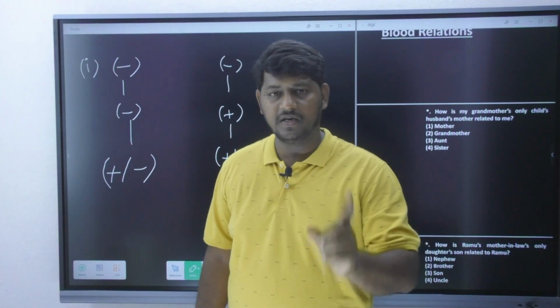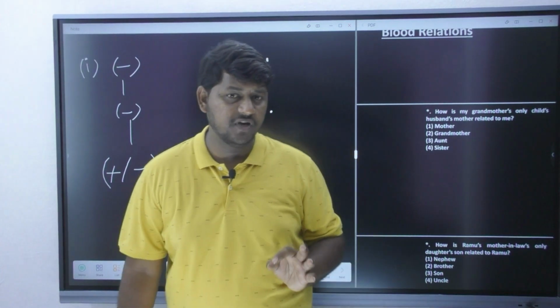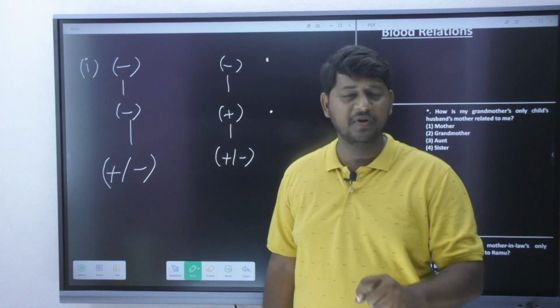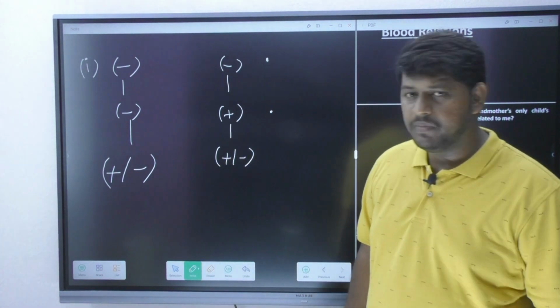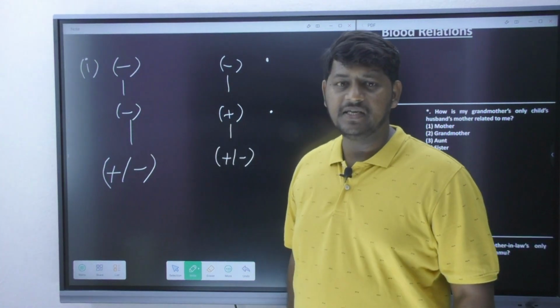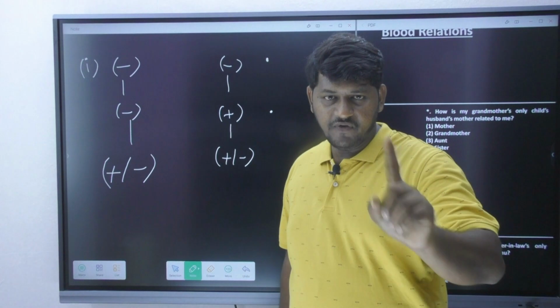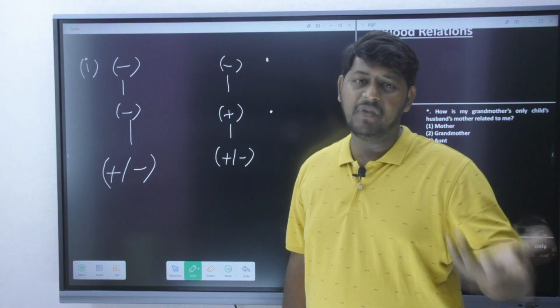Child is singular, children is plural. Please do remember this information very carefully, because I am going to use the same information for the further questions. When it mentions child, there are no other children, only one person is going to be there. But when it says children, you may have multiple persons.